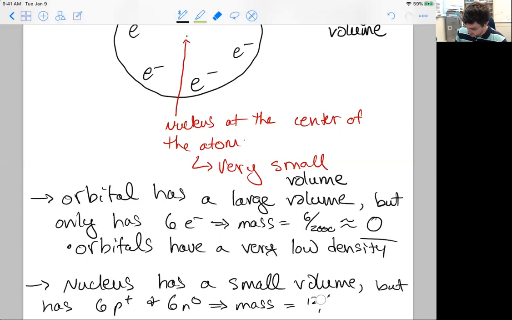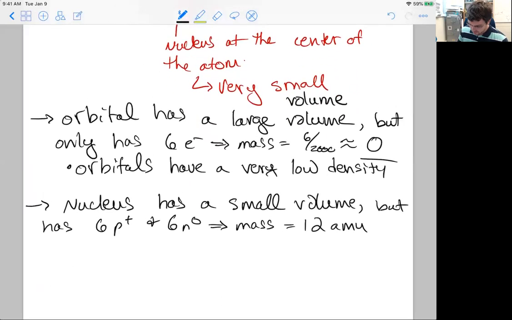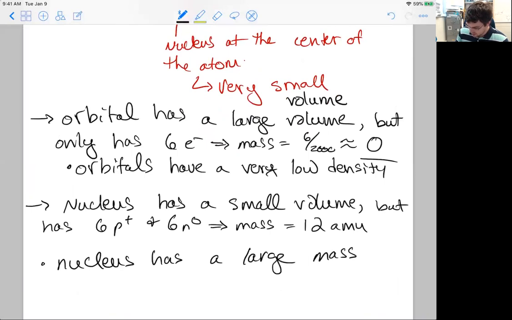I don't need the division sign here because each of these subatomic particles is 1 AMU, so it has a mass of 12 AMU. The nucleus has a large mass and tiny or small volume.